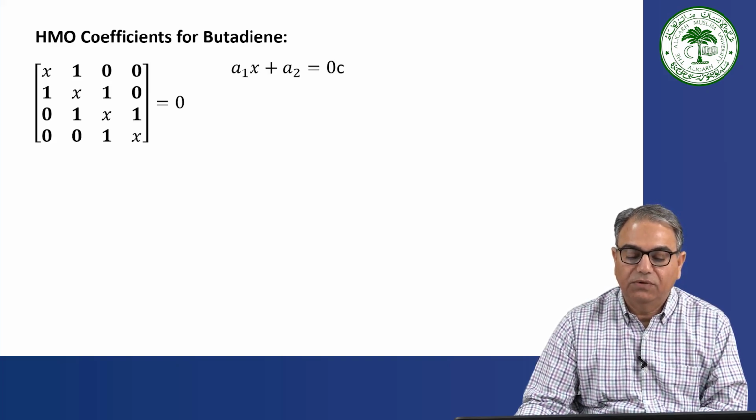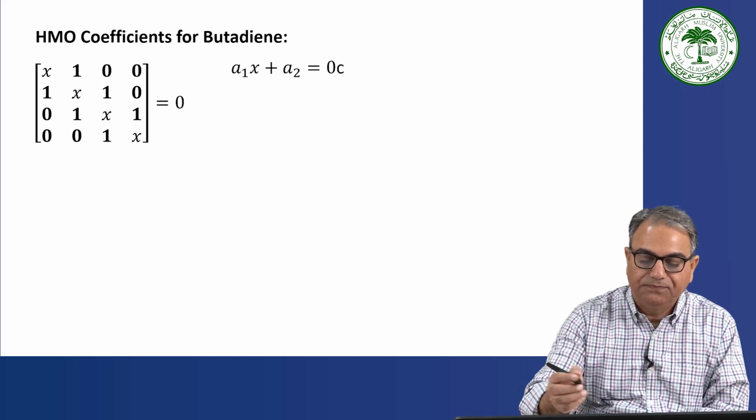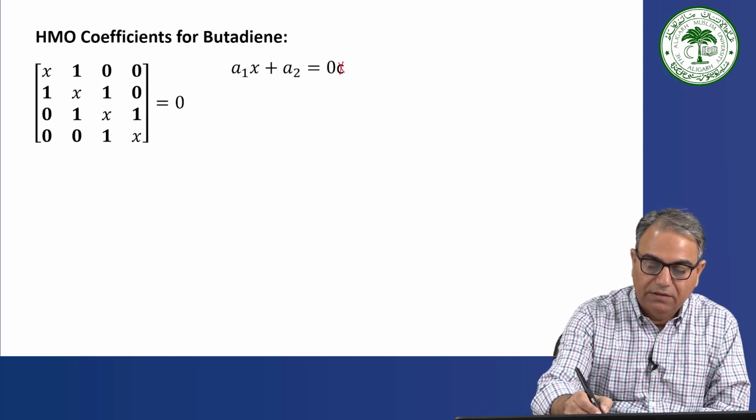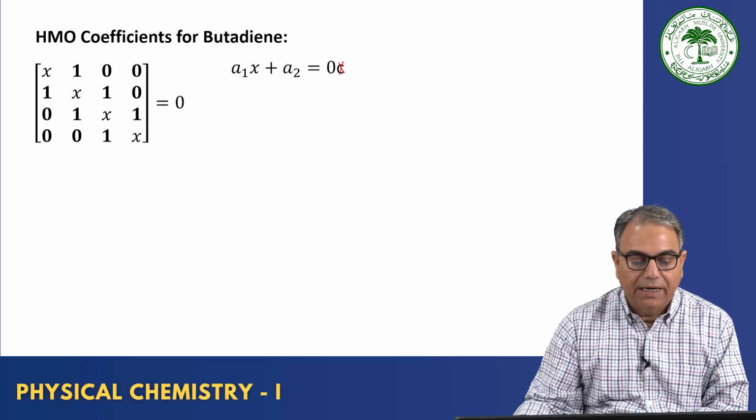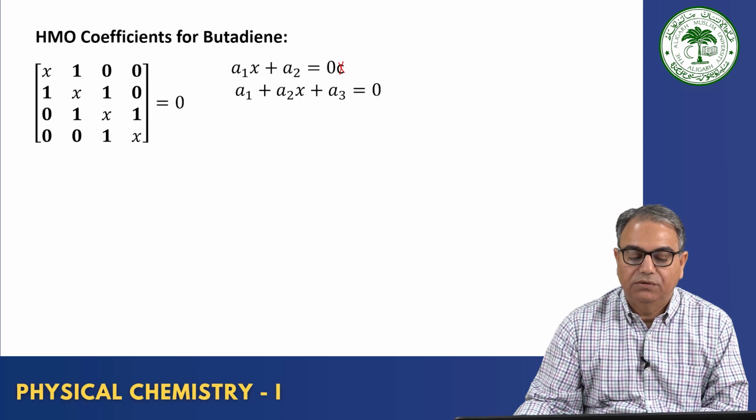So the equation is a1 x plus a2 equals 0. The second row gives a1 plus a2 x plus a3 equals 0, 3 terms.